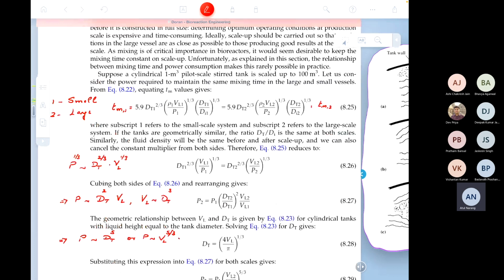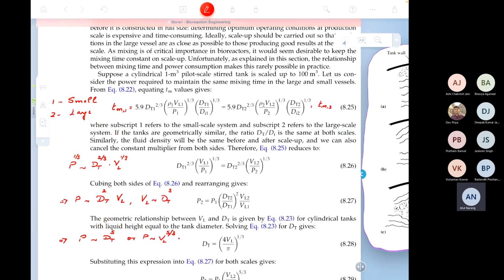Now, an important point that we will address once again is that whenever you do scale up, you maintain what is called geometric similarity. That means that all dimensions, such as impeller diameter, the off bottom clearance, the baffle width, everything scales in the same proportion.